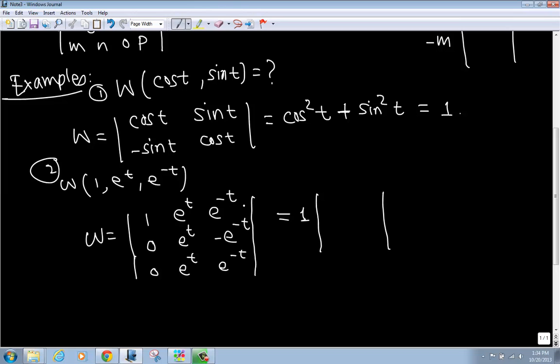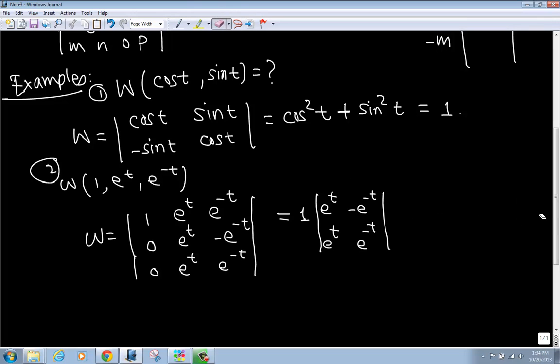Delete the row containing 1 and the column containing 1. So e^t, minus e negative t, and e^t, e negative t, minus second entry 0. So 0 times any number is 0, plus third entry is 0, so it will be 0. So we don't need to show this one.